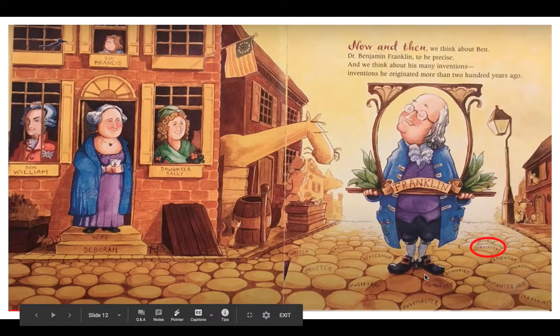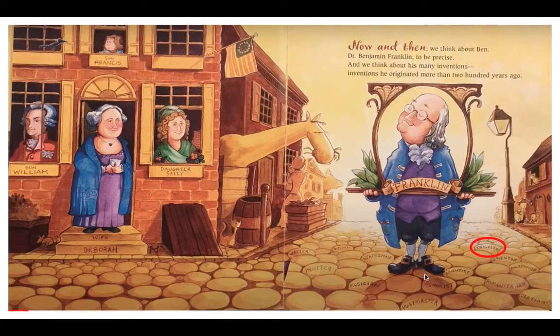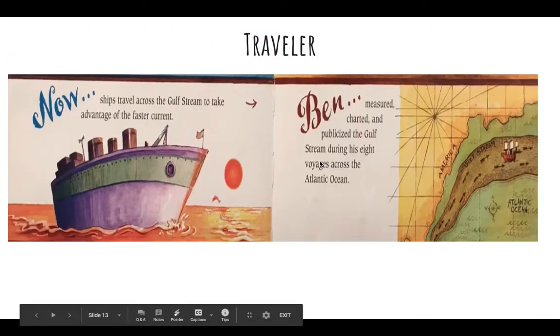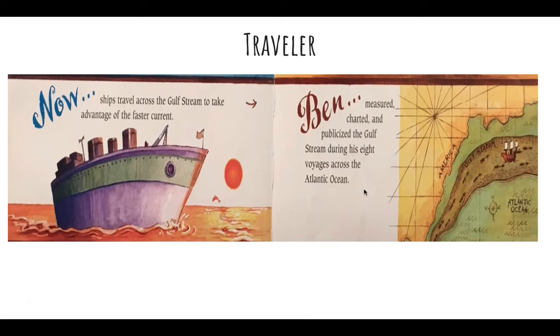Ooh, we have traveler. Again, we went over that in this lesson. Who can remember what that means? A traveler is someone who travels and usually likes to share their travels. Bam, traveler. It said Ben measured, charted, and publicized the Gulf Stream, right? And his 8 voyages across the ocean. Voyages means trips.